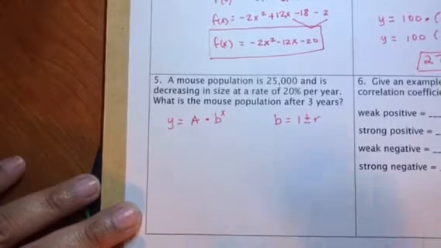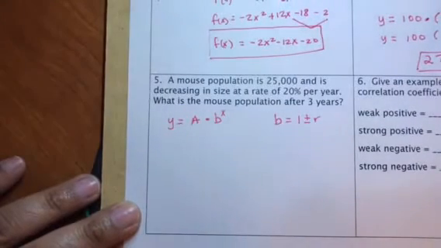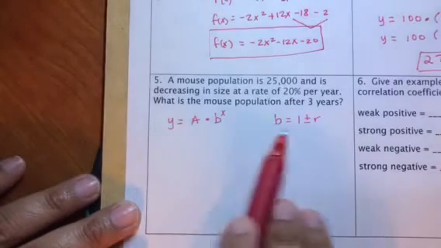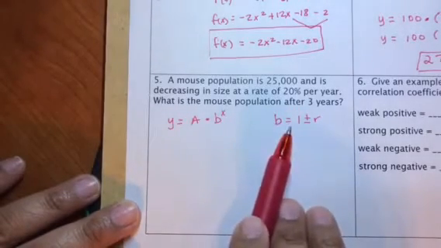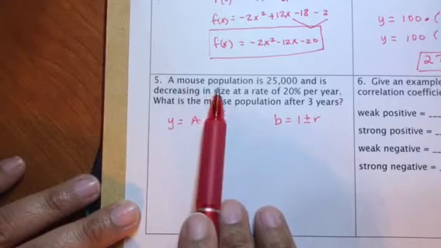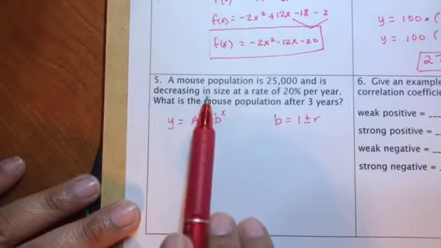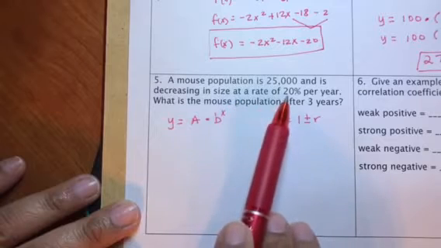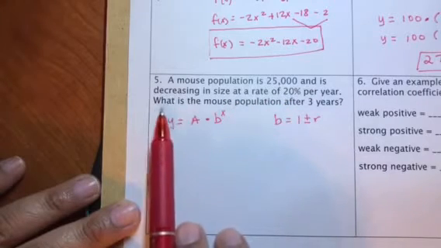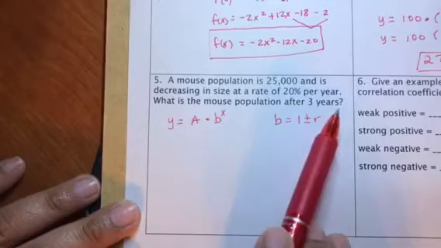Alright, so on this one, we're using the same formula, but we're going to have to again decide whether it's growth or decay. So here, a mouse population is 25,000 and is decreasing in size at a rate of 20% per year. What is the mouse population after 3 years?